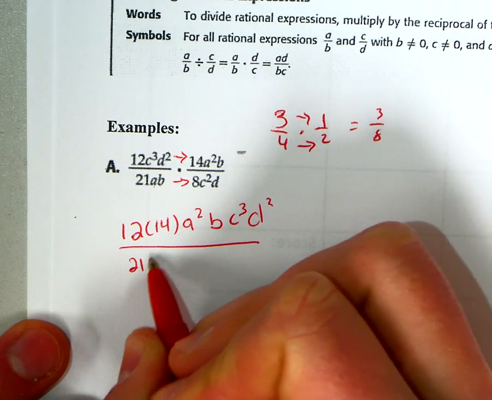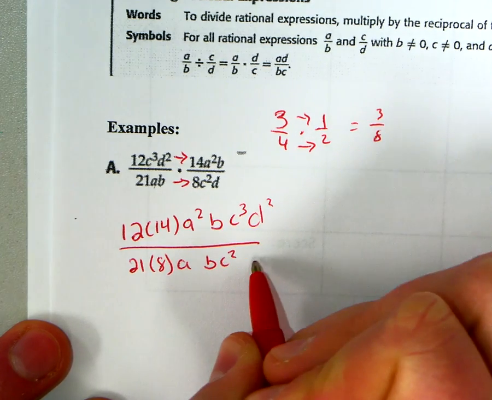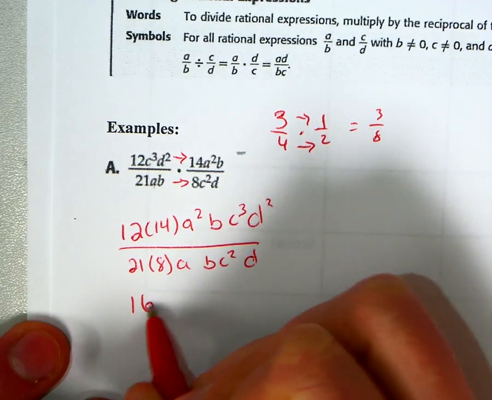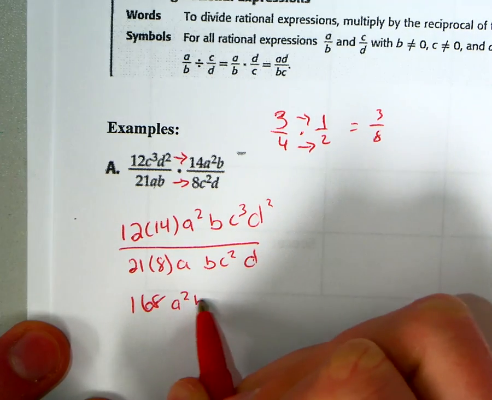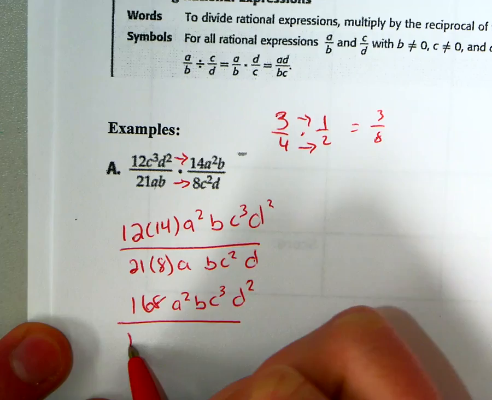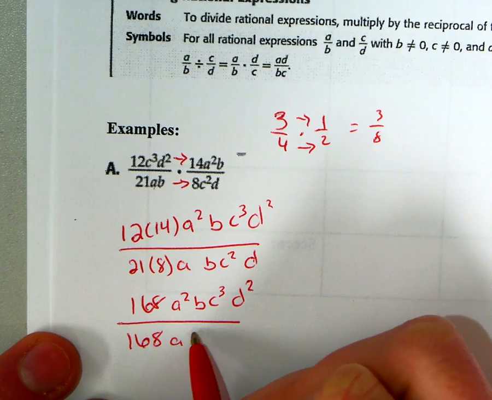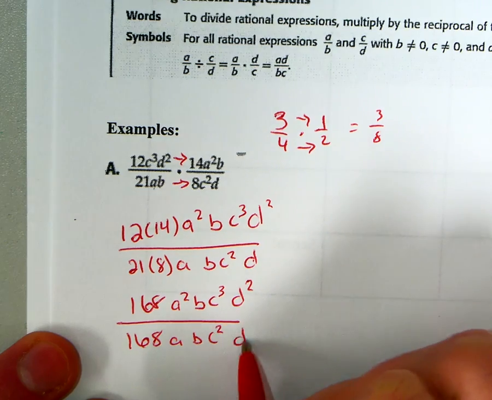And then 21 multiplied with 8, a, b, c squared, d. I can multiply that, so I have 168, a squared, b, c to the third, d squared, all over 168. 21 times 8 is 168 as well. A, b, c squared, d.